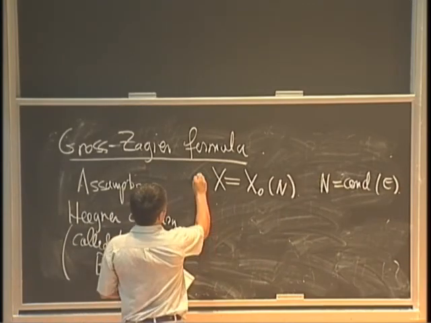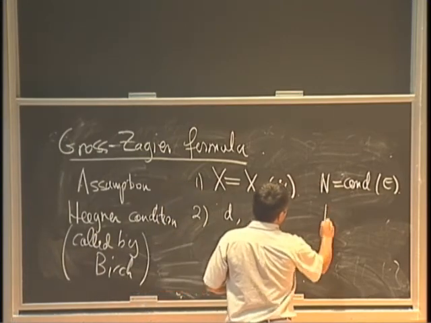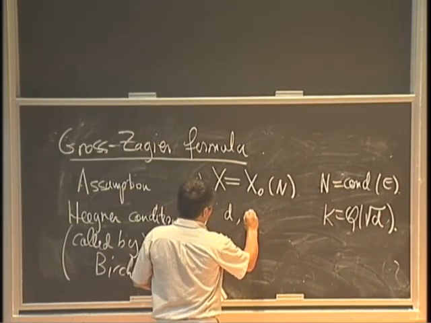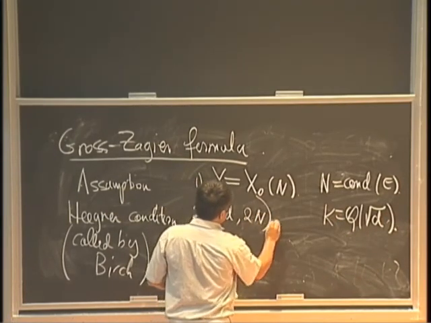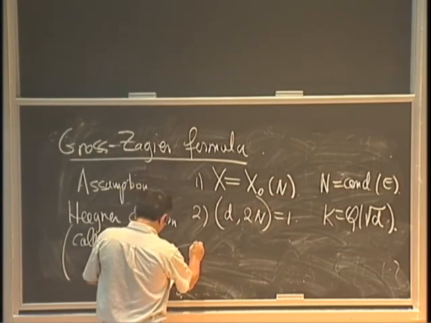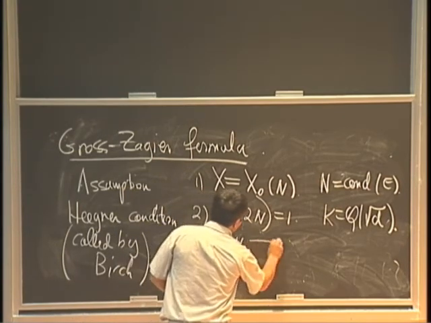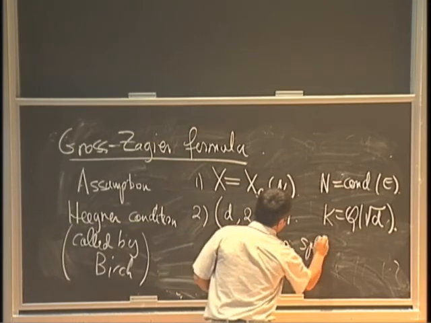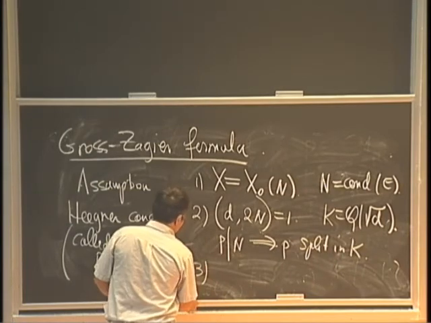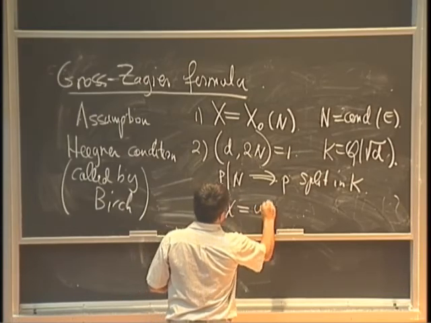That is the first assumption. Second one, I want the D. The D will be this K. Remember, this K is Q(square root of D). I want the D to be odd and congruent to a square mod N. The last part, we also require that any p dividing N implies p splits in K. And we only consider chi to be unramified.